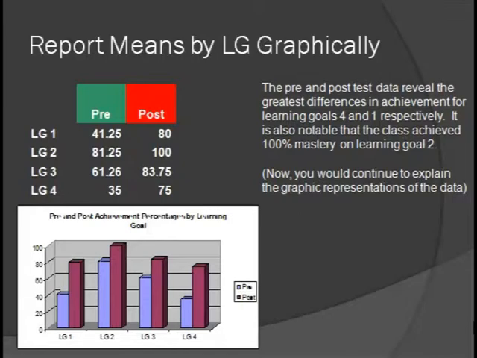It is also notable that the class achieved 100% mastery on learning goal 2. For the rest of this narrative, you would explain why you think that was the case, but in reference to the data, all you're doing is explaining what people are seeing anyway.